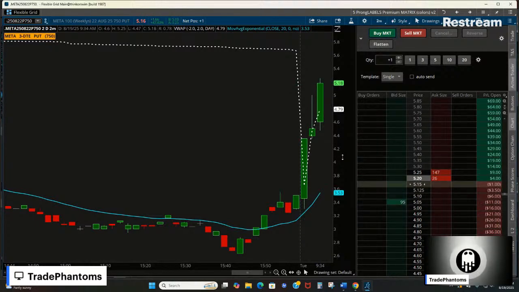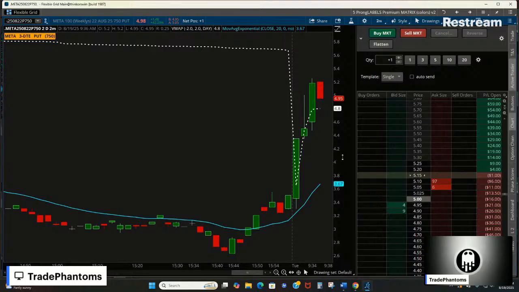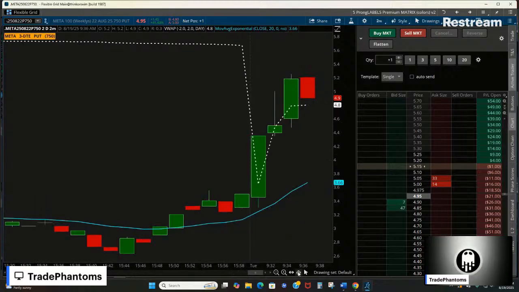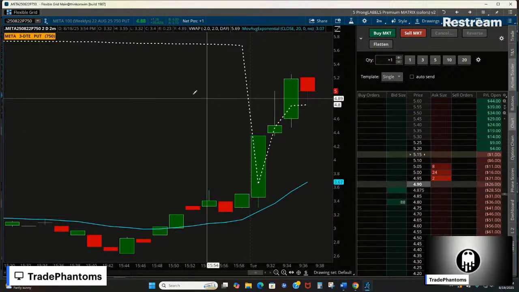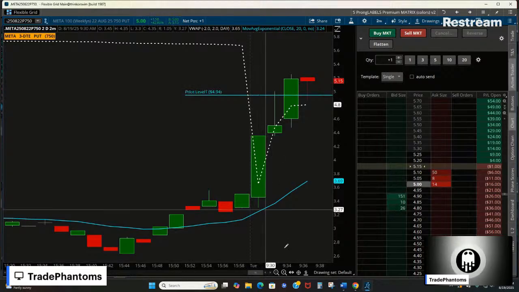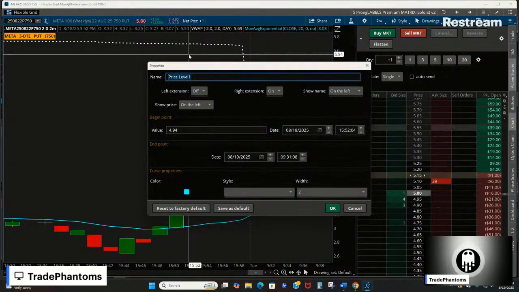Get this in my other account here. All right, long put Meta, which is bearish. This is the premium chart of the puts. Be careful with this trade.